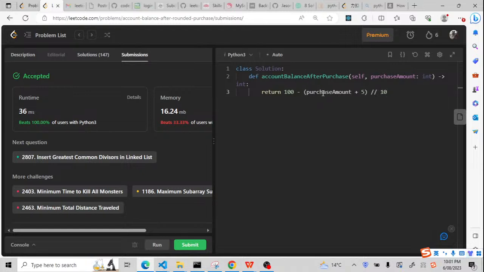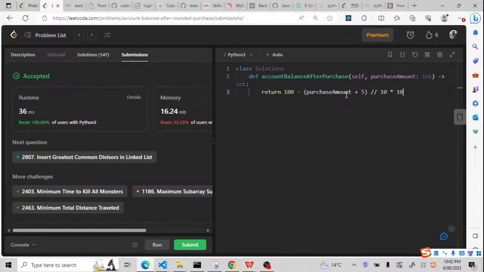Why? If the purchase amount is 5, then 5 plus 5 is 10, and 10 divided by 10, taking the integer, is 1. But 100 should minus 10, so here we should times 10. If we times 10, that is our result.